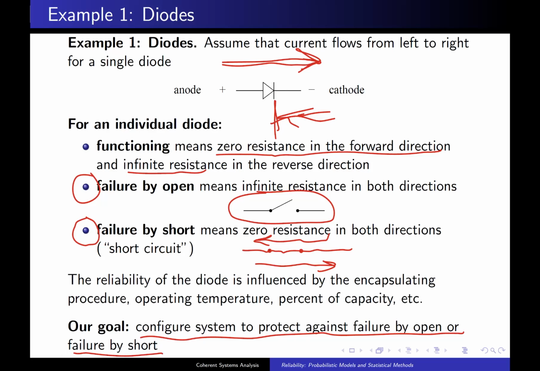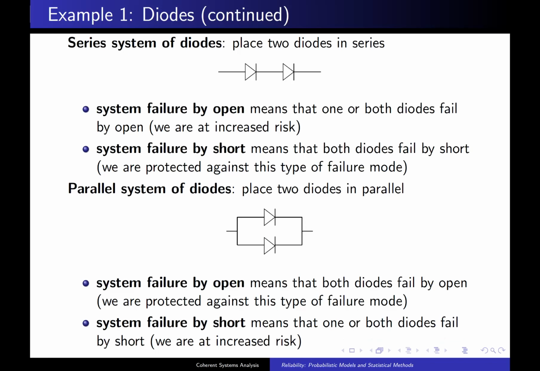It's a little bit trickier to protect against both, but at least you can try to protect against one. The two ways that we're going to arrange these diodes are, first of all, a series system, that's the first picture, and then a parallel system. Just two diodes are used in both of these, but you could certainly have 3 or 4 or 5 or however many you need in either a series arrangement or a parallel arrangement.